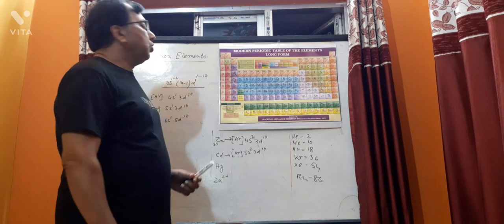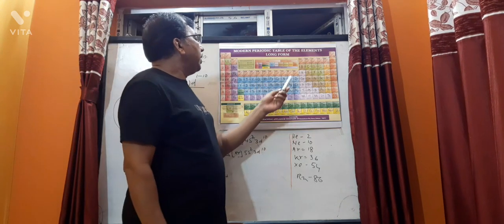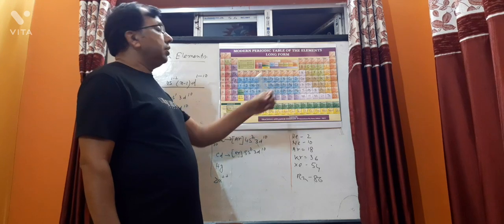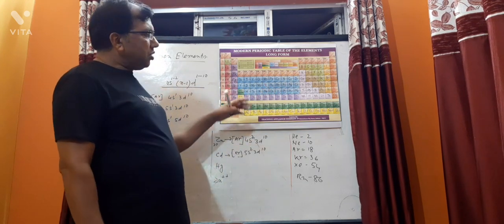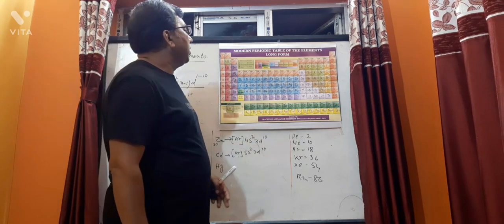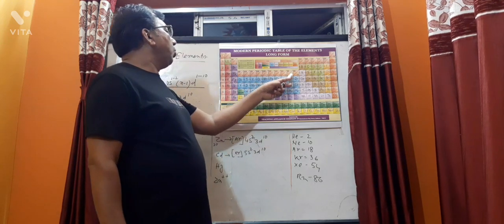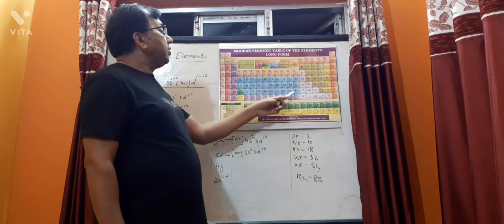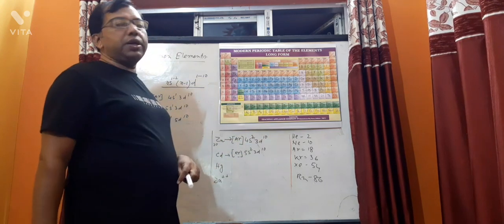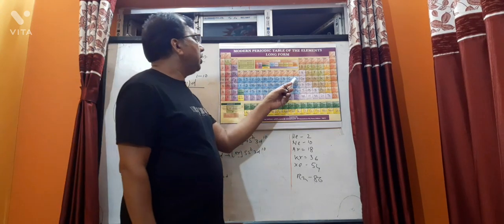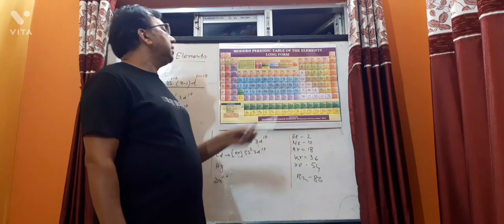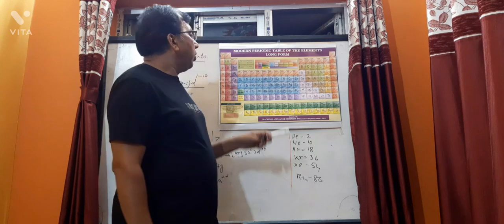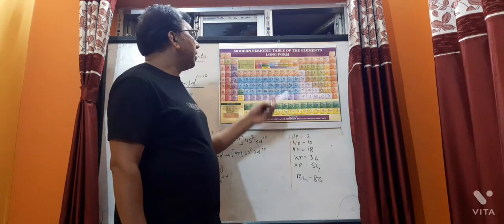You must notice copper, silver, gold, the 11th group, and zinc, cadmium, mercury, the 12th group. Sometimes questions may come: can zinc or copper be called a transition element?